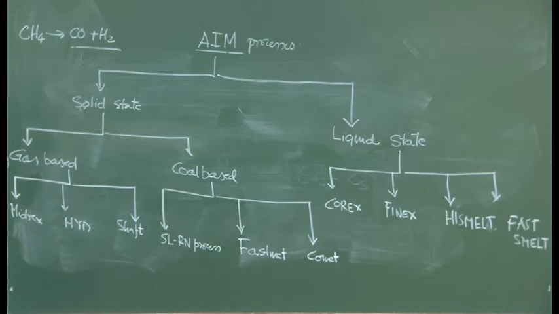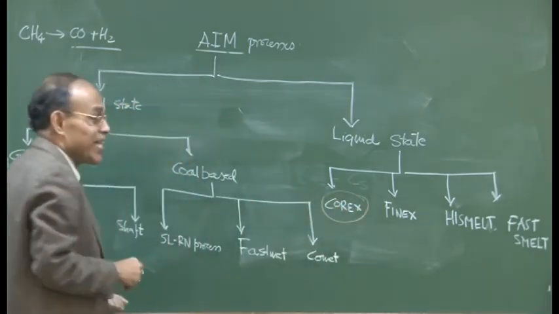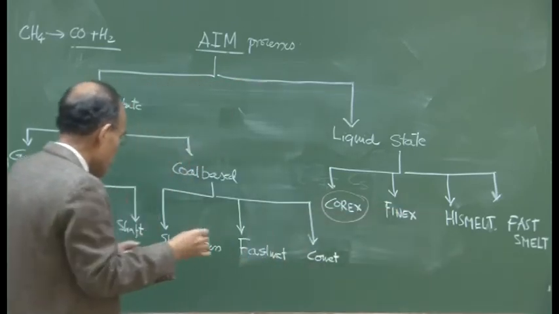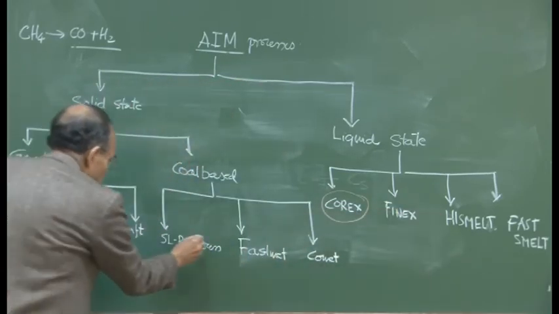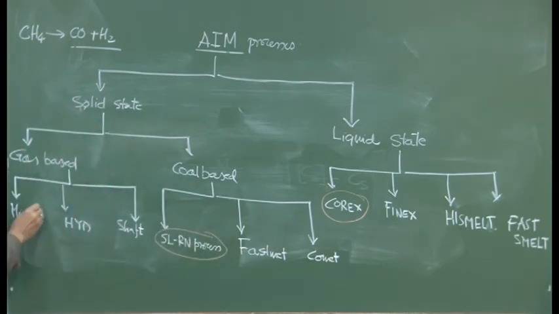As far as the most popular processes are concerned, Finex is getting momentum, and some of the processes have just been commercialized. This is very popular in India, and Midrex is also popular. Okay?